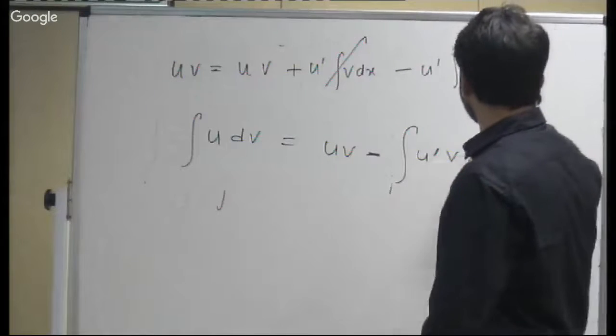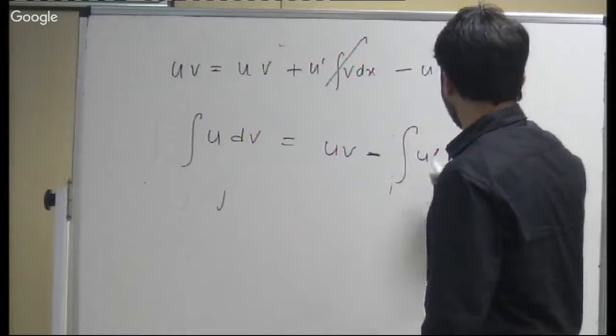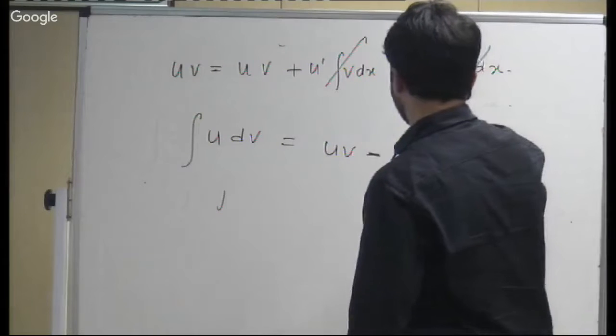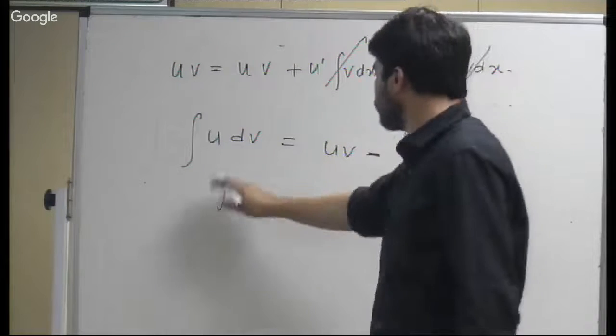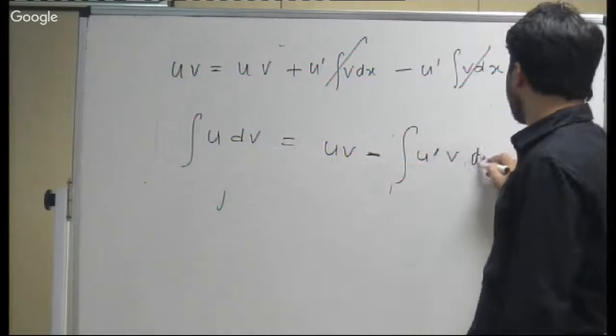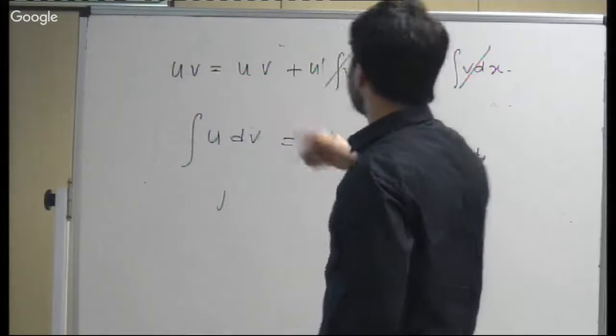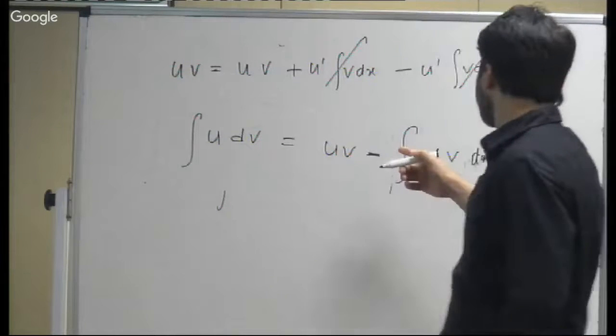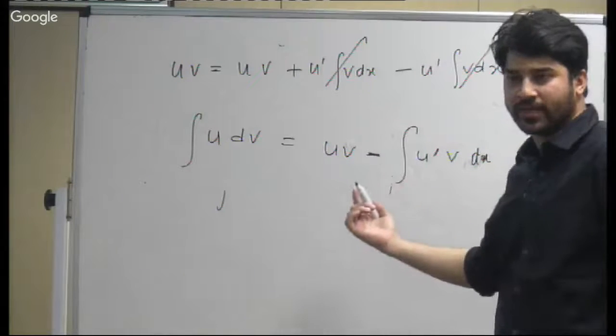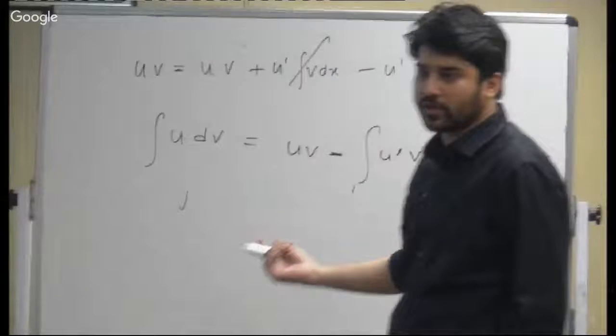This was the result, right? u prime into integration of dv. Okay, this was the result, right? u dv, and it was a function of x, right? So uv, we have to see this way, right? This was the result.